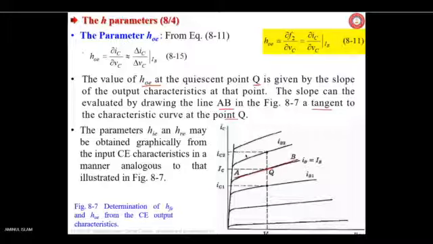Now you know the definition of HOE, which is delta IC by delta VC. So find out what delta IC is and what delta VC is. Suppose I take this point and this point. So this is the difference in VC, delta VC, and correspondingly you have the current difference, delta IC, with small i. We use small i.